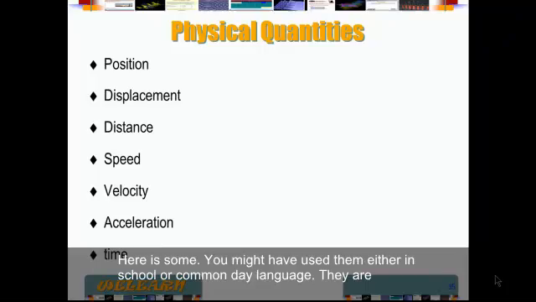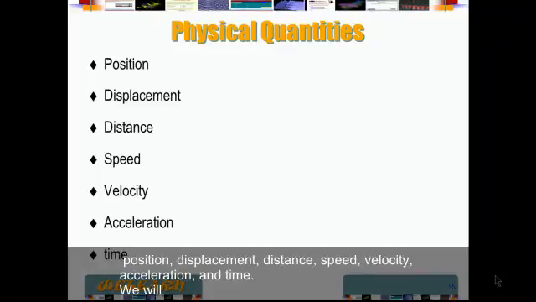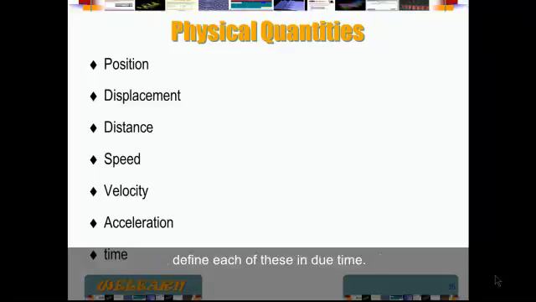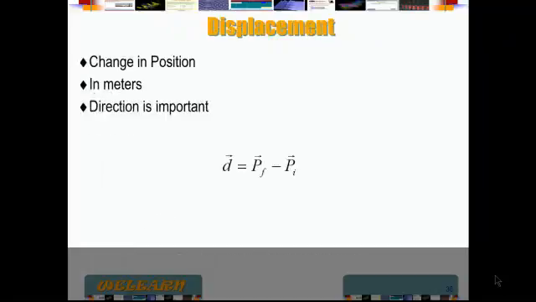Okay, as we mentioned earlier, these are possible quantities that we usually use in describing motion: position, displacement, distance, speed, velocity, acceleration, time. And we start defining each one of these. We discussed position earlier. So position is a point, a location, and it is a vector.